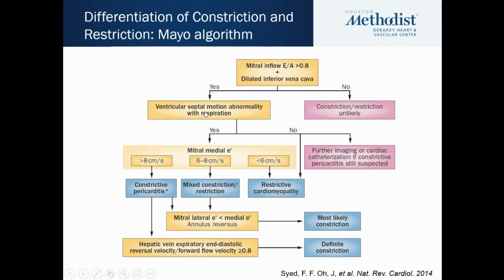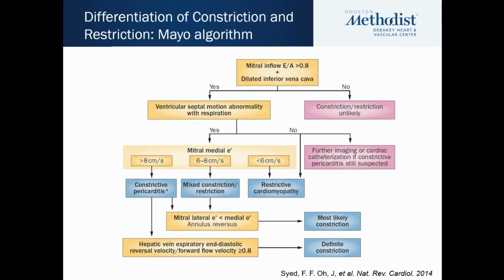Then you look at the septal motion, and then you look at the medial E prime. If you have an intermediate one, you may have a mixed constrictive-restrictive state. And if you have a preserved or supranormal medial E prime with these changes, then you're fairly confident with the diagnosis of constriction. A minor exception is those cases I alluded to earlier with severe asthma exacerbation or severe COPD exacerbation.